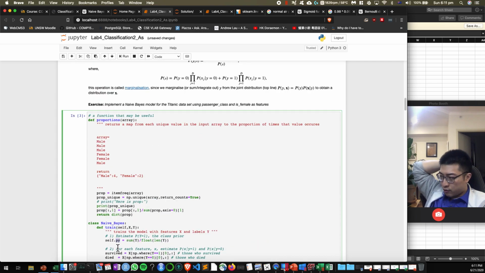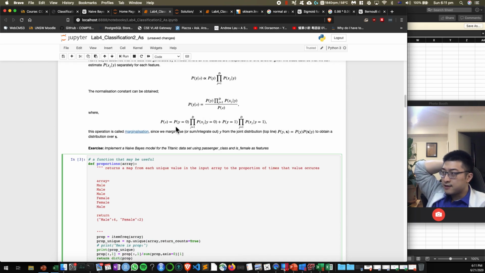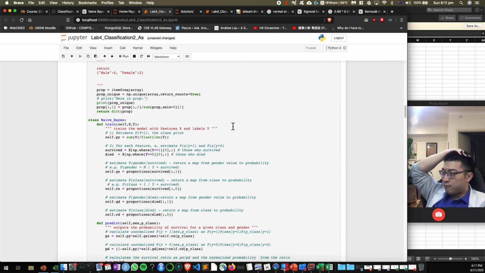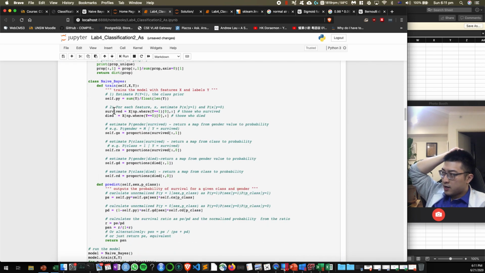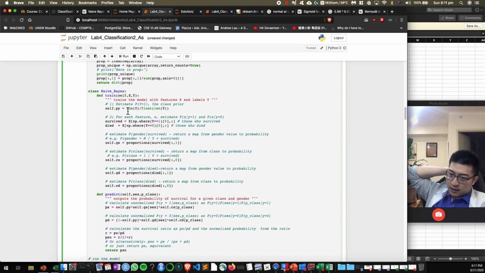That's what self.py is, the prior probability of survival, the probability of y being equal to 1. The prior estimate is simply the number of people that survived, and remember that survival is coded as 1, divided by the total. That's your prior estimate for survival prior to seeing any data or features.